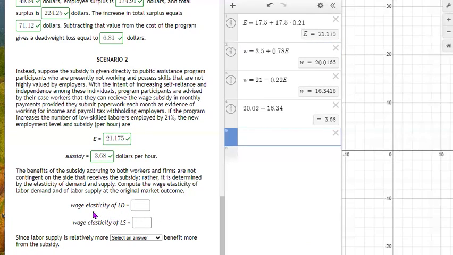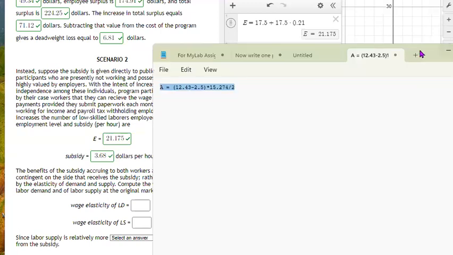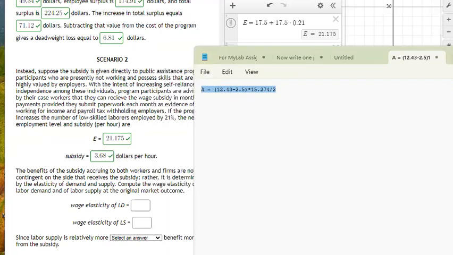So in order to calculate the wage elasticity, remember, the wage elasticity of demand or wage elasticity of labor supply, it's the percent change in quantity over the percent change in the price.